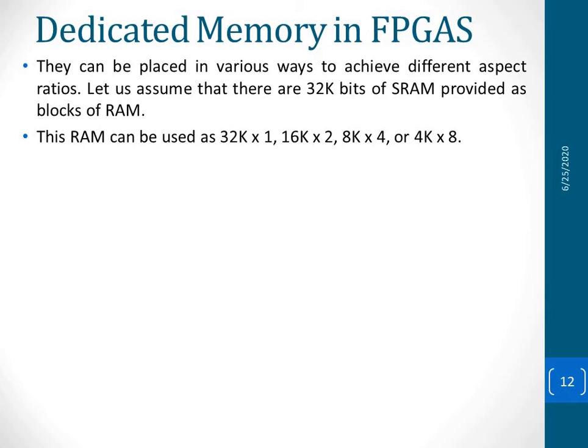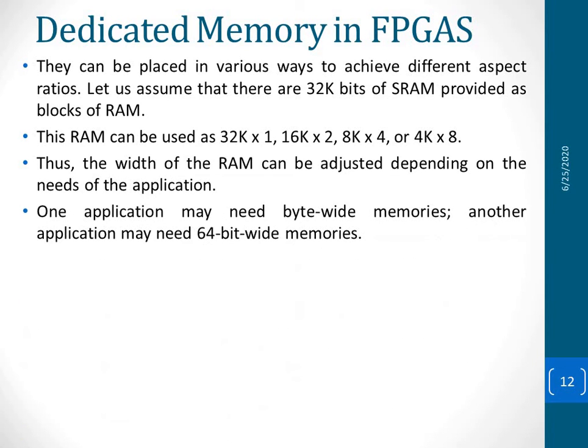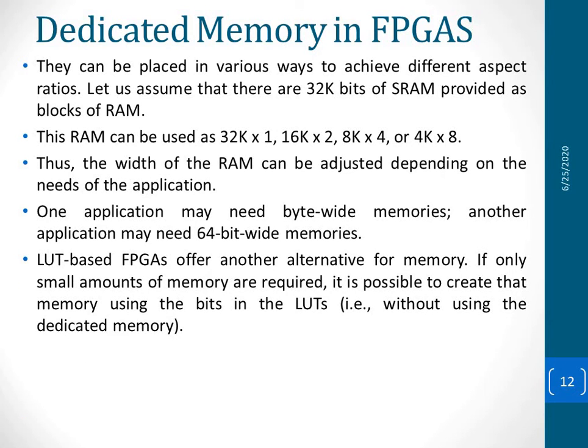So this RAM can be used as 32K by 1 or 16K by 2 or 8K by 4 or 4K by 8. Any of these ways we can use this RAM. Thus the width of the RAM can be adjusted depending on the need of the application. One application may need byte-wide memories, another may need 64 byte-wide memories. So likewise, based on the application, we can adjust.